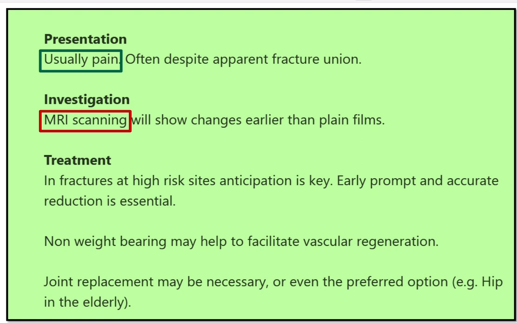In fracture, high risk site anticipation is the key. Early, prompt and accurate reduction is essential. So fracture management is the first management for avascular necrosis. No weight bearing, that means we have to reduce joint function, and joint replacement is sometimes necessary.